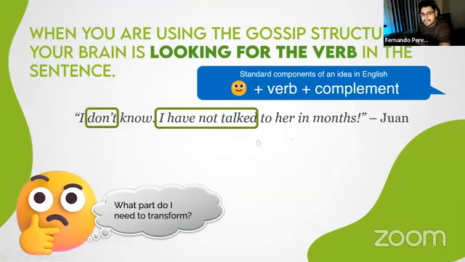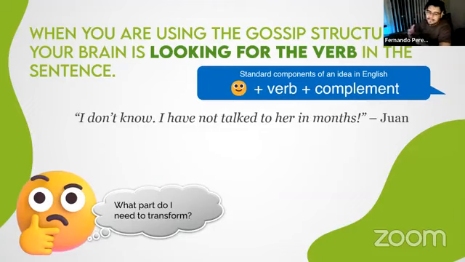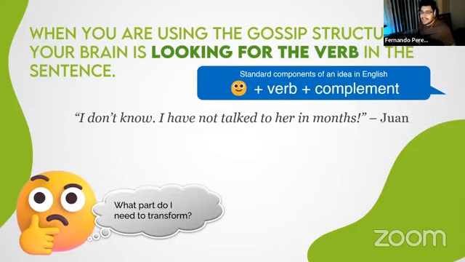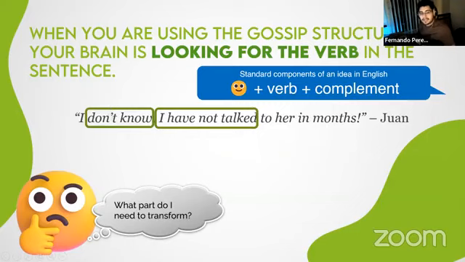In the two ideas, we have verbs, right? And these verbs correspond. See, if it's person verb complement and person verb complement, how many verbs are there? If it's two ideas, we have two verbs. Exactly. The first verb includes the negative don't know, including the auxiliary.